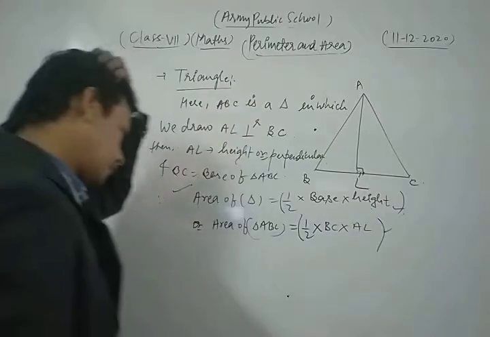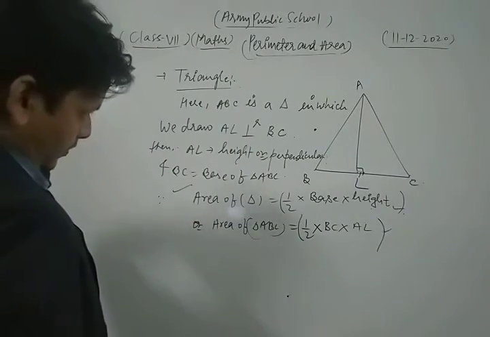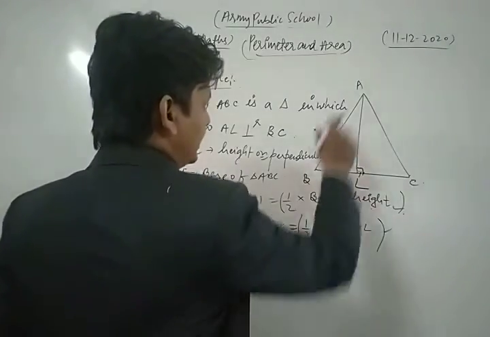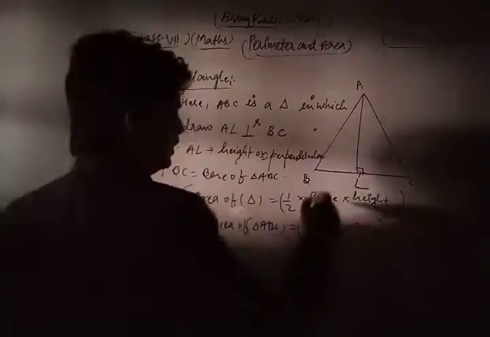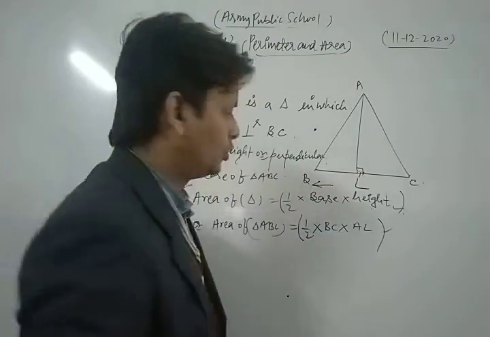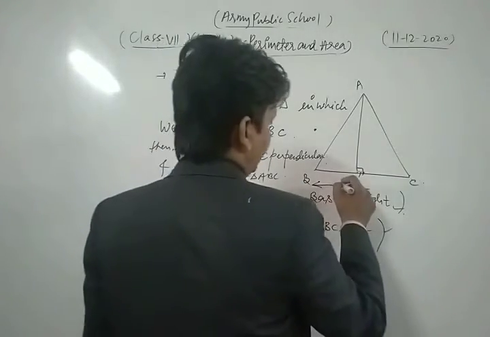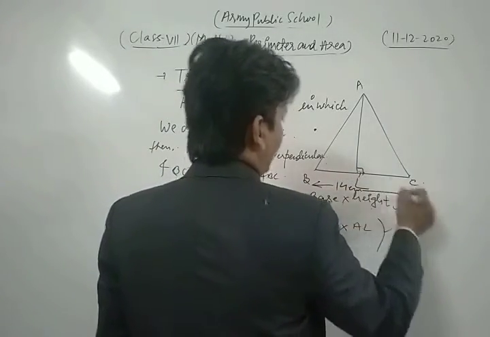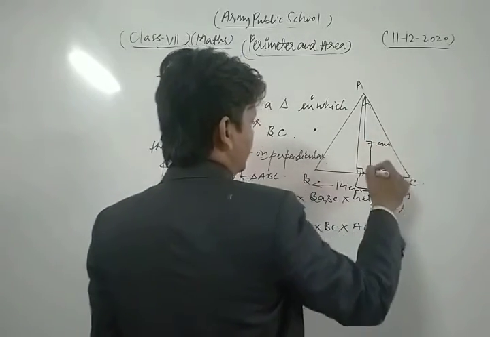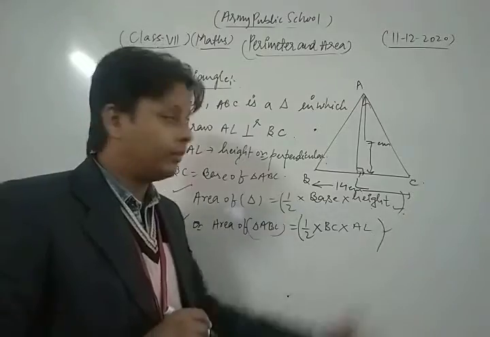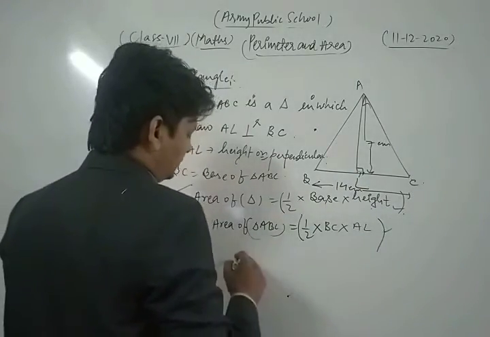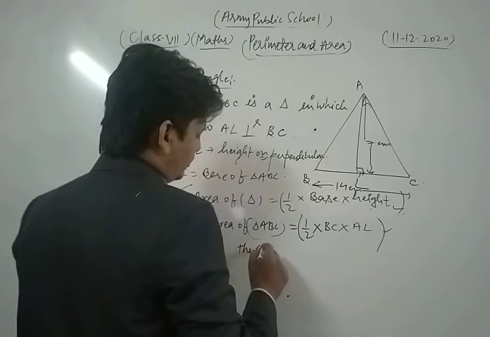Okay, now dear friends, let's see. Suppose that in triangle ABC the base is given as 14 centimeter and the corresponding altitude or height is given as 7 centimeter. Then find its area.